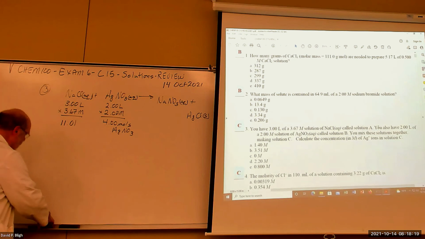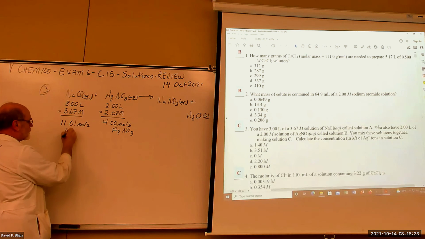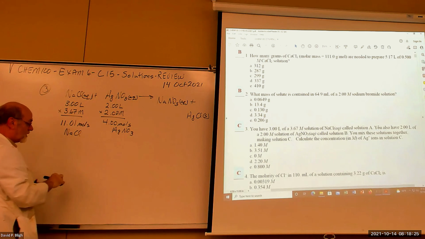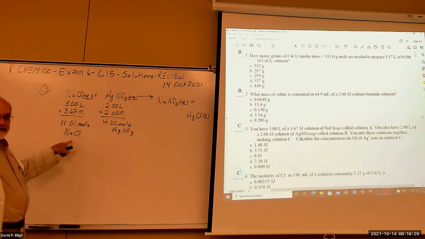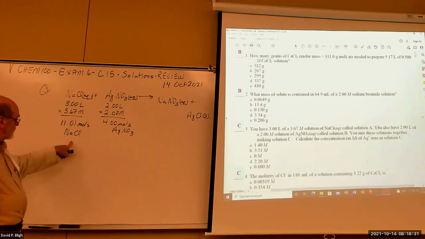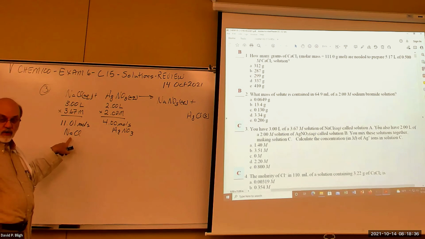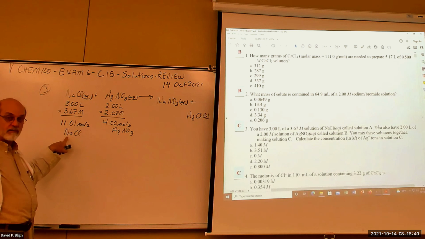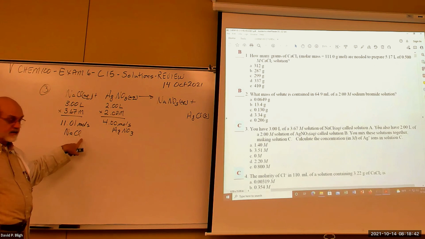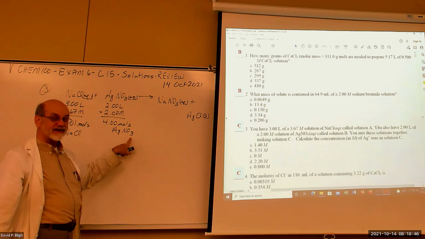Yep. Okay. So this is moles of sodium chloride. Notice also that since these are ions in solution, 11.01 moles of that compound is also 11.01 moles of sodium and 11.01 moles of chloride ions, or 4 moles of silver ions and 4 moles of nitrate ions.